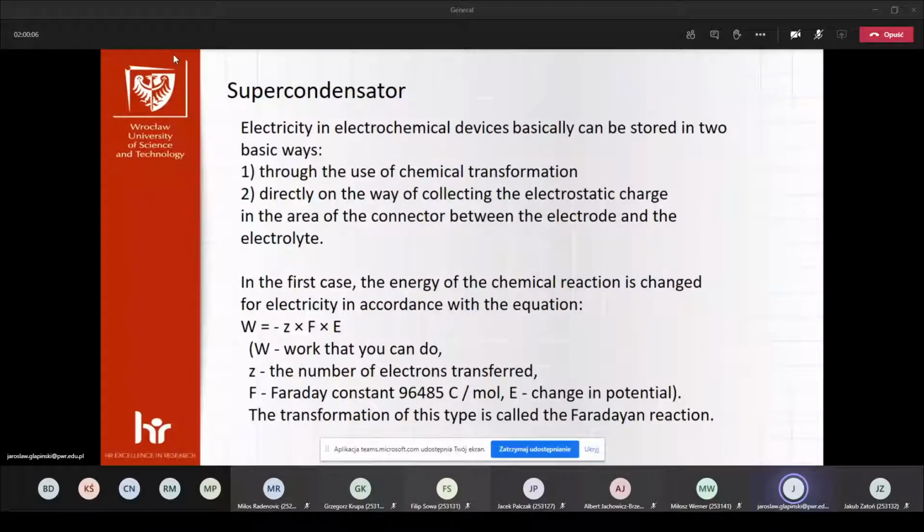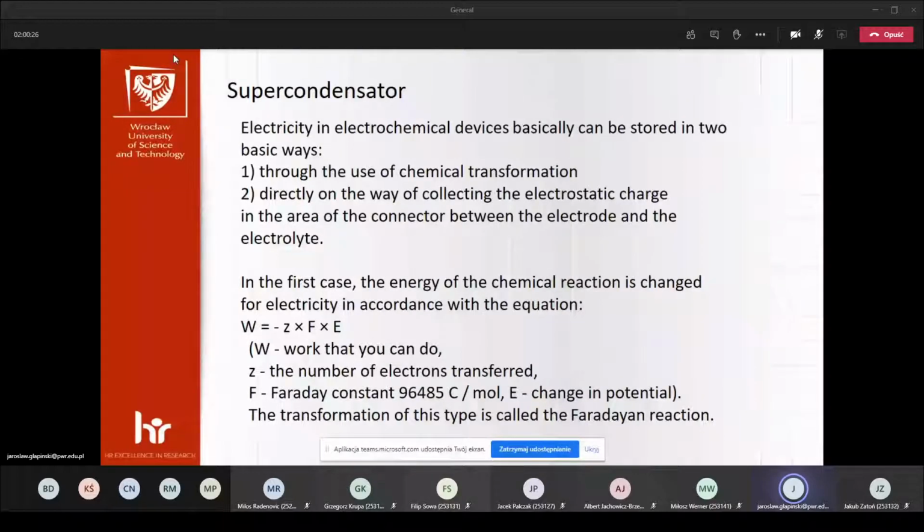So we can use some chemistry, some electrochemical processes, not electromagnetic, to store the energy with higher density.